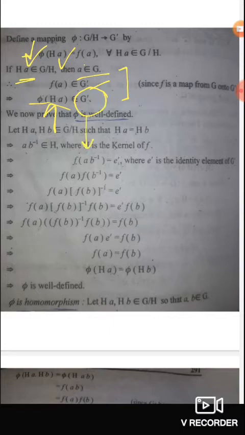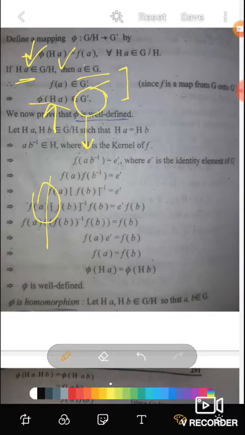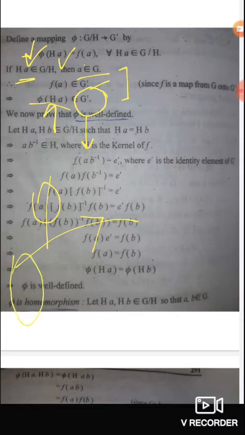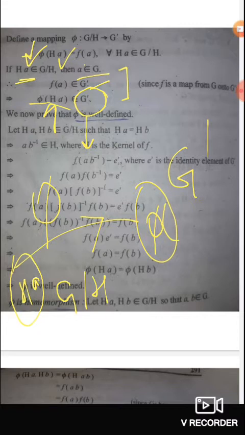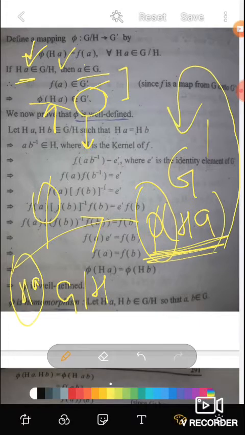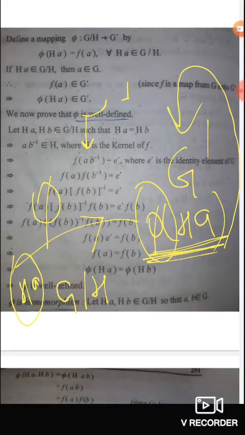Why is this so? Because the phi function, what it is doing, it is associating the elements present in the quotient group to the elements in G dash. So if here the element is Ha, then in G dash the element will be of this type. So we can say now that this element is belonging to G dash. Fine.